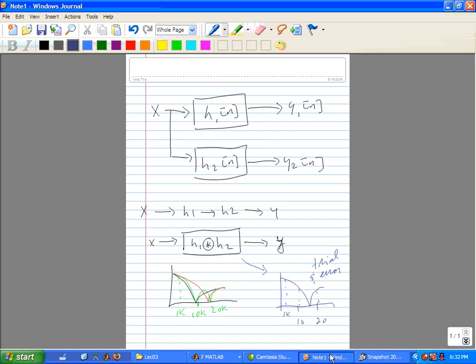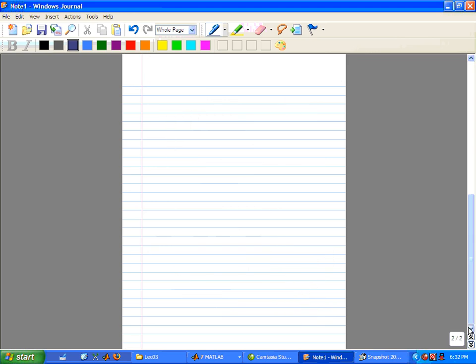Right. Oh, no. You always need the anti-aliasing filter.